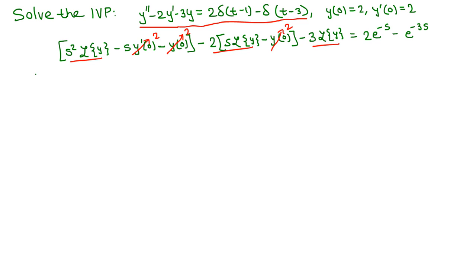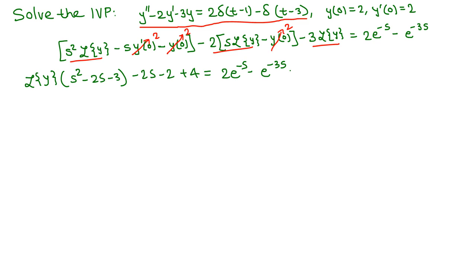Then we get L(y) times (s² - 2s - 3), and this is -2s - 2 times -2, so this is plus 4, equals the right hand side 2e^(-s) - e^(-3s). Now we move these terms to the right side, so 4 minus 2 is 2.